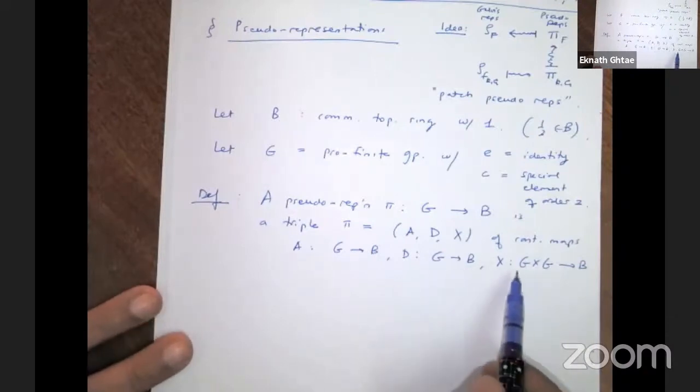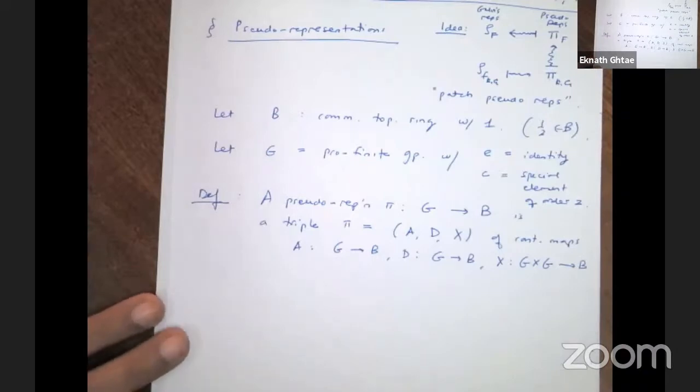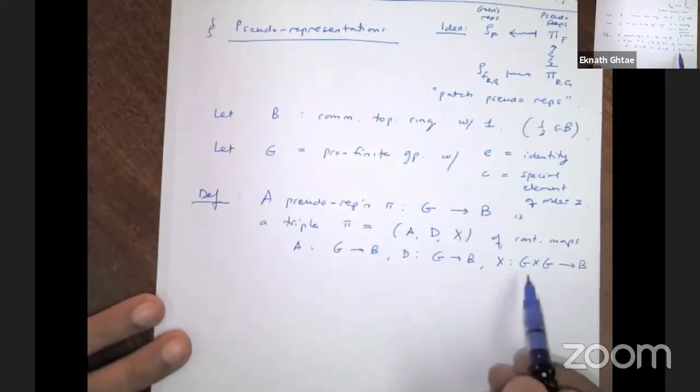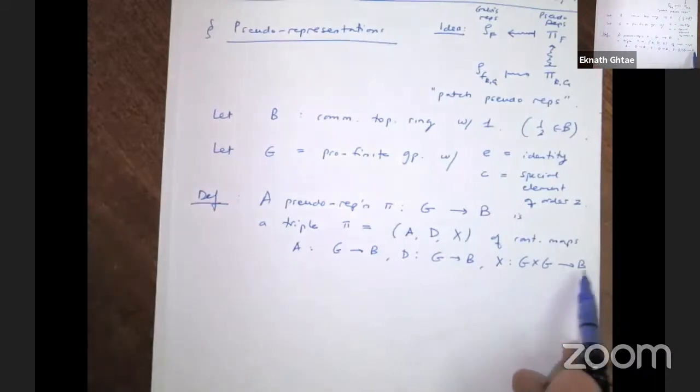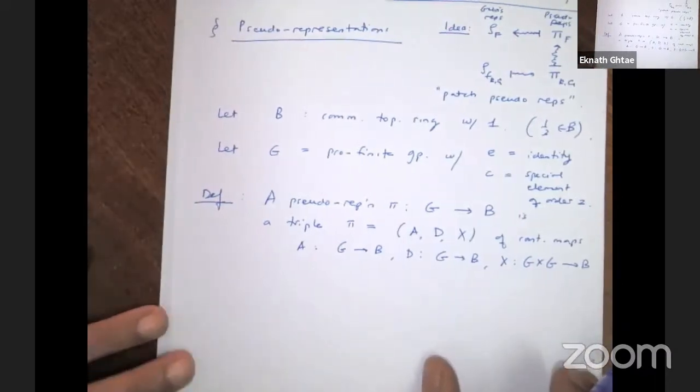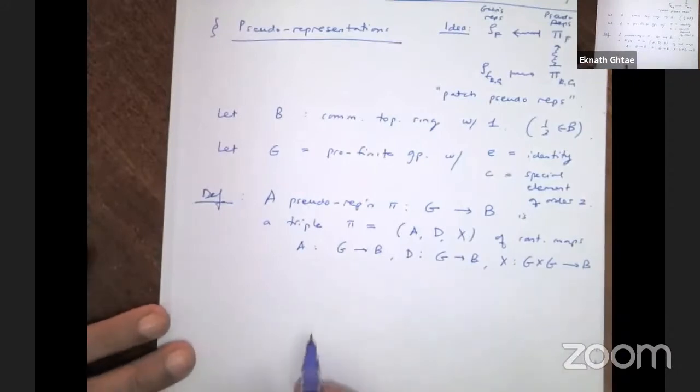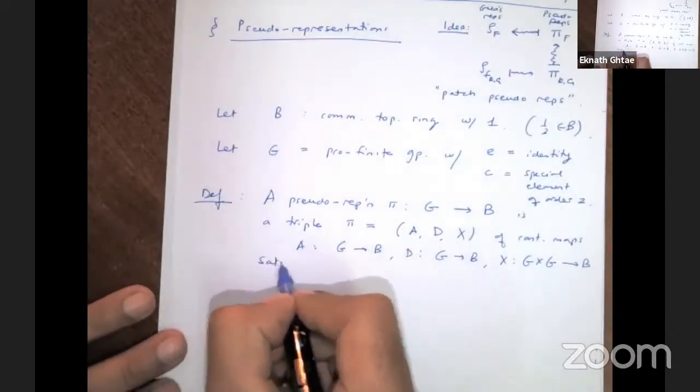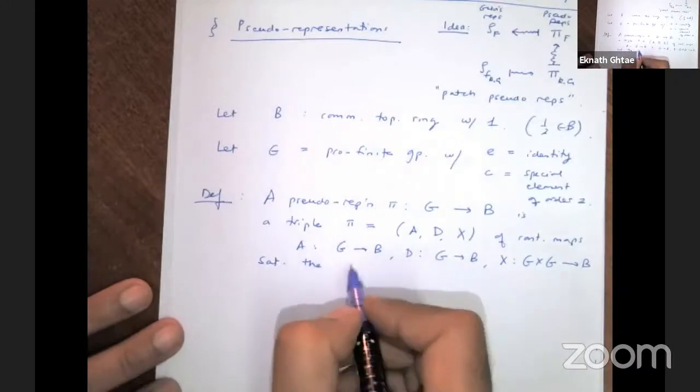And this function on G cross G will be the product of the anti-diagonal elements, so little b times little c in the matrix (a, b; c, d), not capital B. I'll write that down in a second. But for now, they're just these abstract three functions satisfying the following axioms.